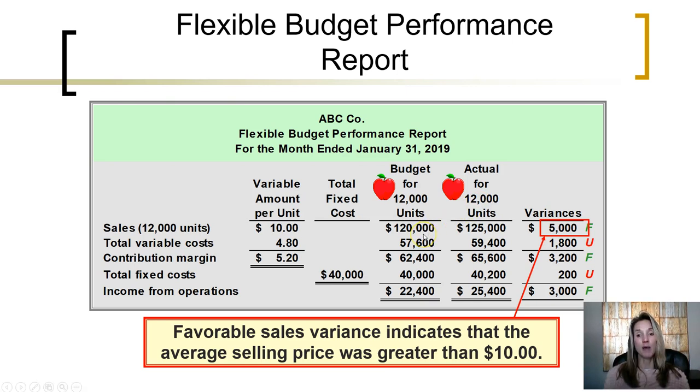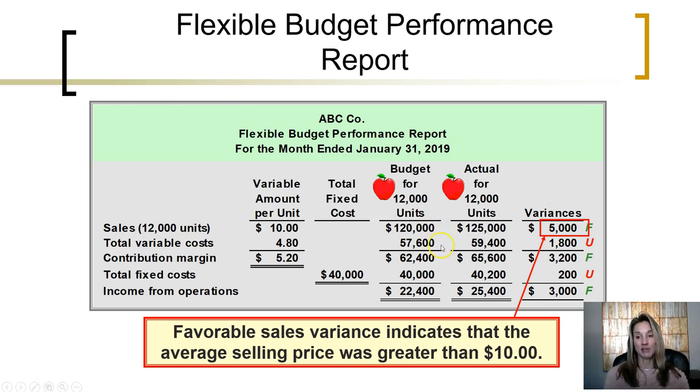Now, when we compare a budget revenue of $120,000 to actual results of $125,000, we can see that the dollar amount of the variance, or the difference between actual revenues and budgeted revenues, is $5,000, favorable, because the actual revenues were greater than the budgeted revenues. We earned $5,000 more in revenues selling 12,000 units than what the budget had expected us to do.